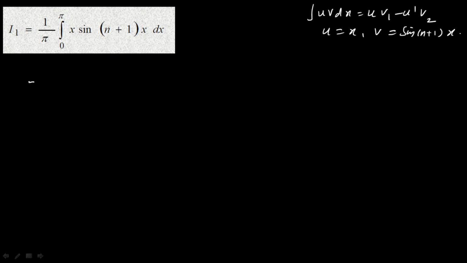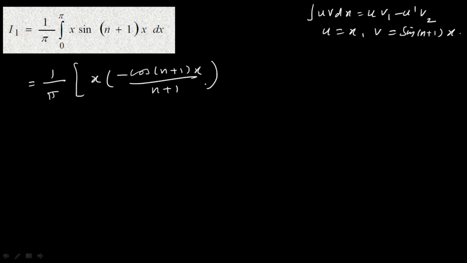So u v1, where v1 is nothing but integrating v, gives minus cos (n plus 1)x divided by (n plus 1). Then minus u dash, and u dash is differentiating x, which gives 1 itself.